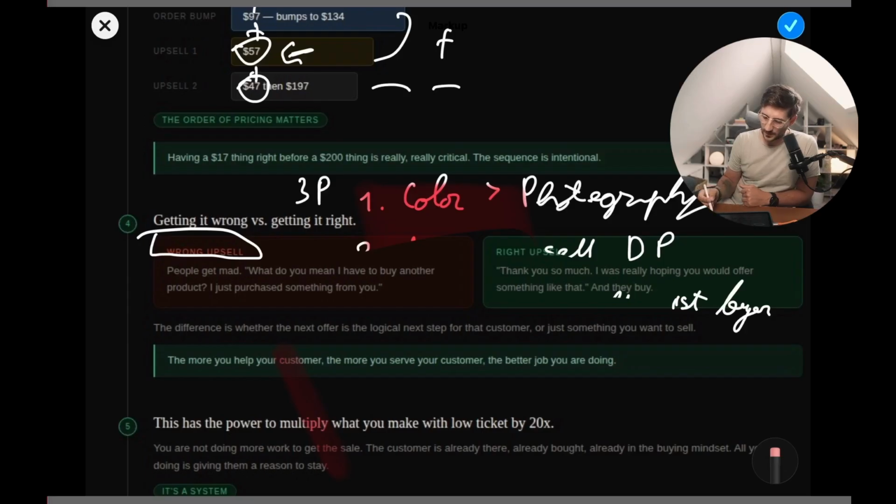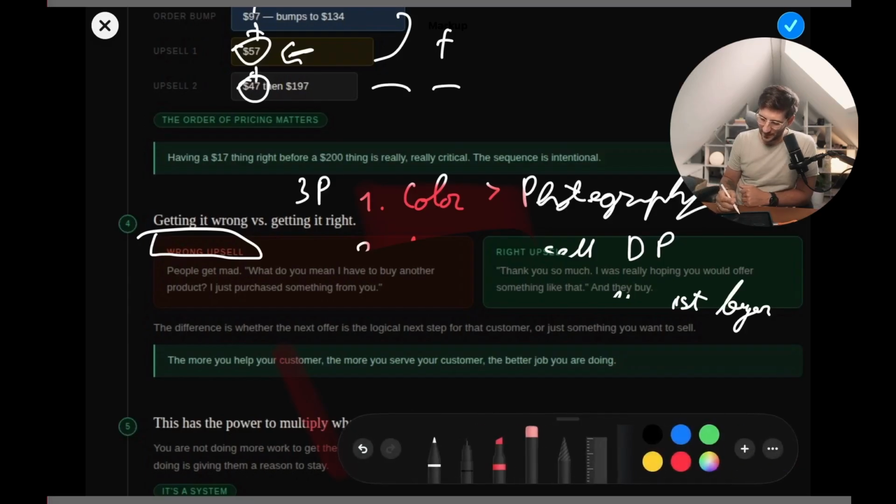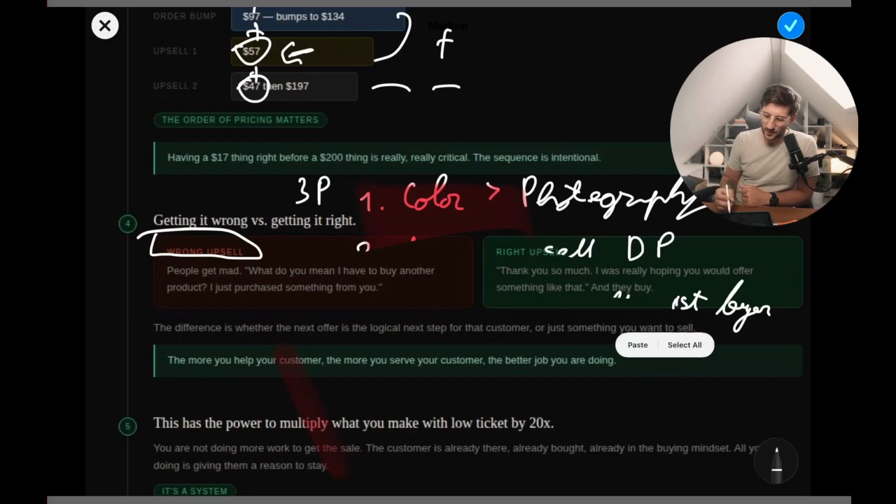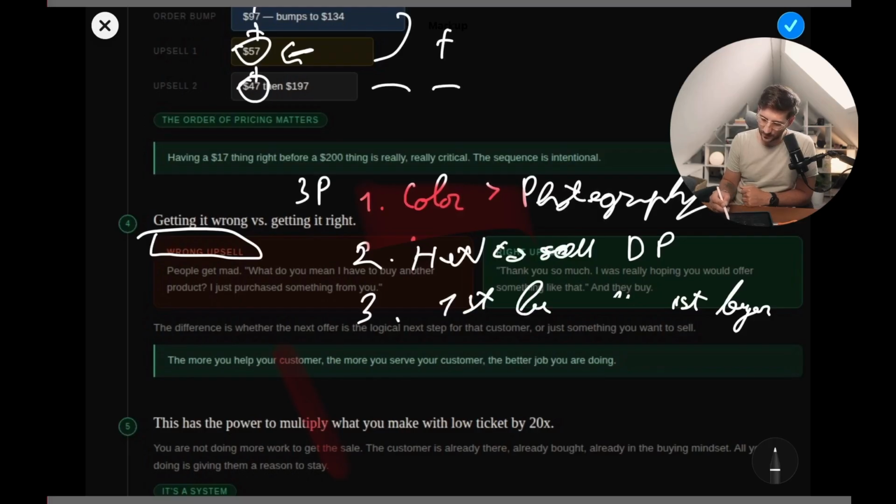Yeah, I'm still getting used to this. So if we're second, how to sell digital product, third, first buyer. Okay, so I'll stop coloring because I'm bad at this.